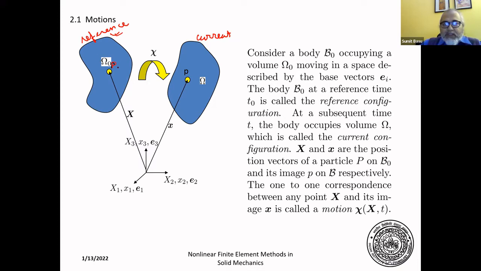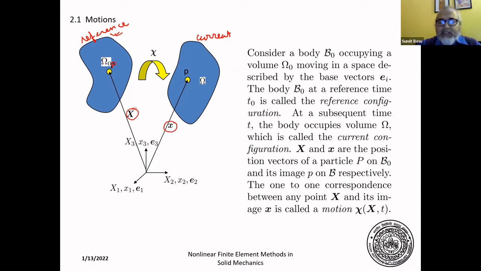The volume of the reference configuration is omega naught, and the volume of the current configuration is omega. The position vector of this point, capital P, with respect to this fixed coordinate system is denoted by capital X, and the position of this point small p is denoted by small x.